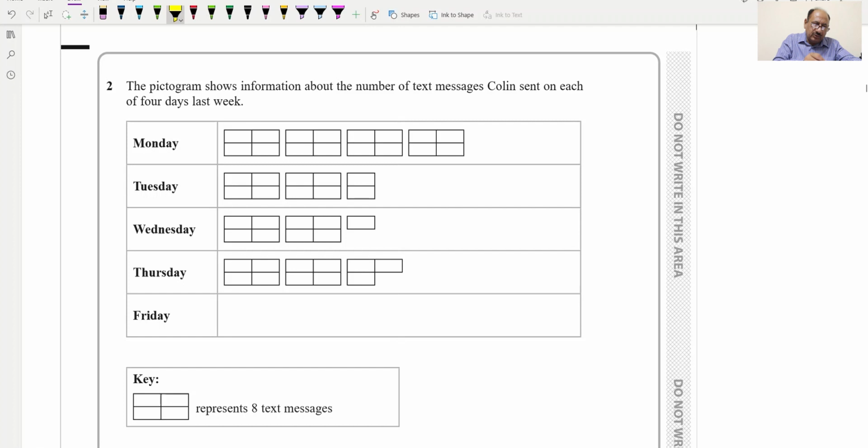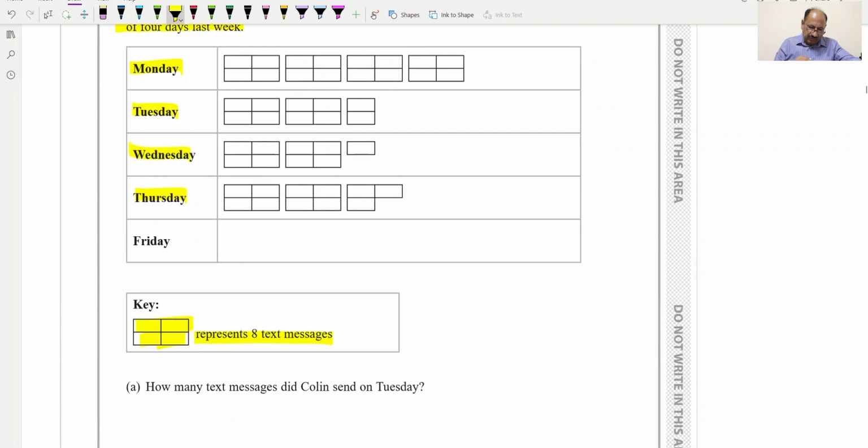This is a pictogram question. The pictogram shows information about the number of text messages sent on each of 4 days last week: Monday, Tuesday, Wednesday, Thursday, and the key is also given. This represents 8 text messages. Part A: how many text messages did Colin send on Tuesday?